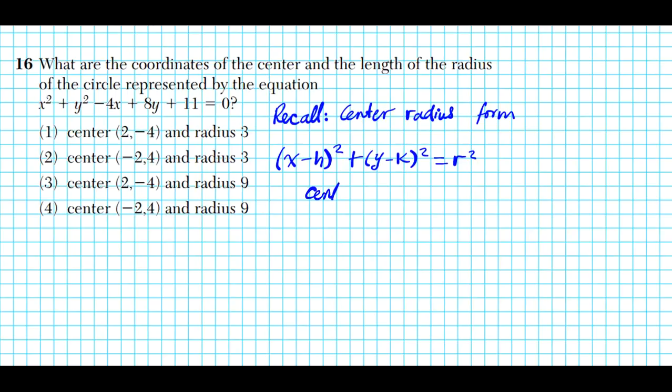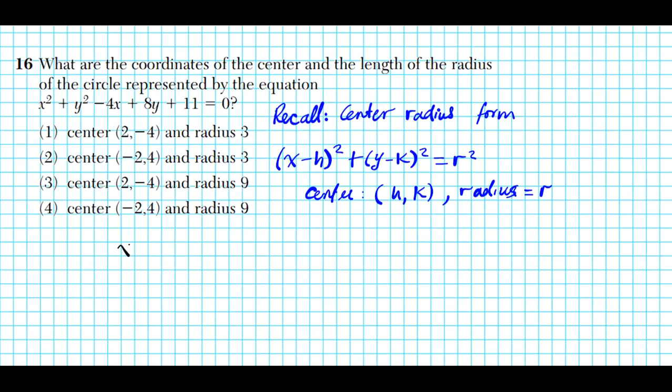The center is given by the opposite of the number next to the x, which is the x coordinate h, and the opposite of the number next to the y, which is the y coordinate of the center. Then your radius is going to be the square root of the number to the right of the equal sign, r squared.